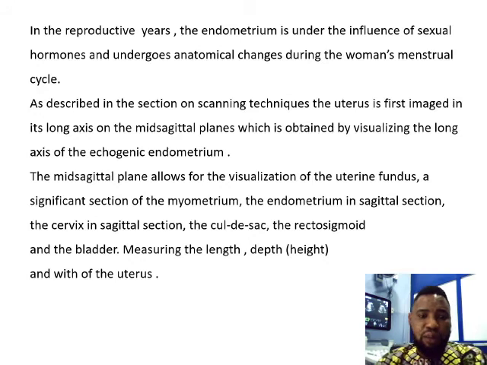The mid-sagittal plane allows the visualization of the uterine fundus, a significant section of the myometrium, the endometrium in sagittal section, the cervix in sagittal section, the cul-de-sac and rectosigmoid, and the urinary bladder, measuring the length, the depth, and the height of the uterus.